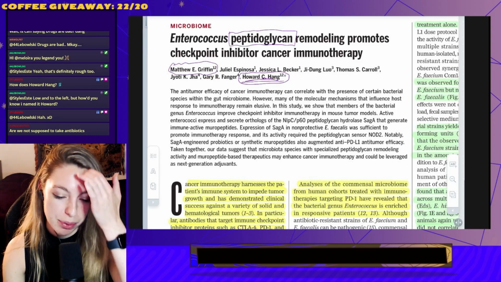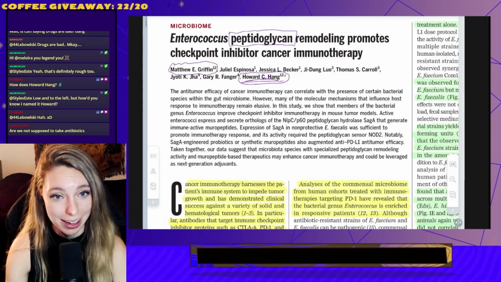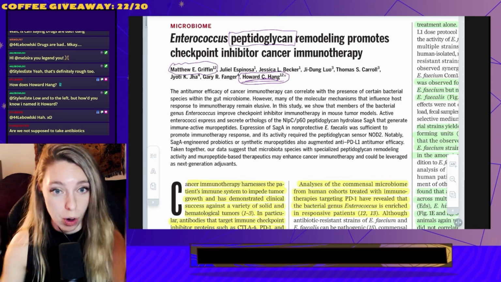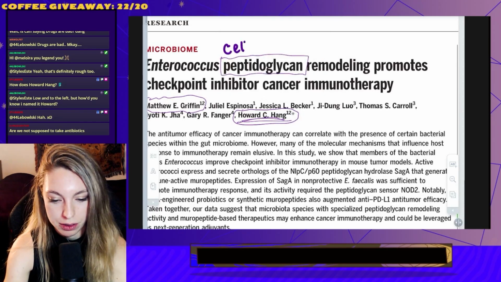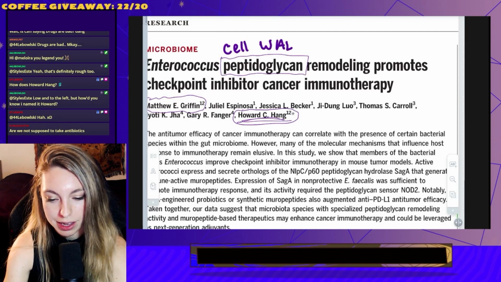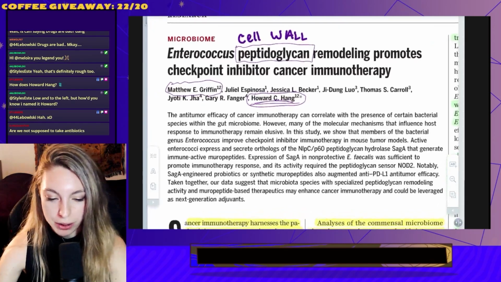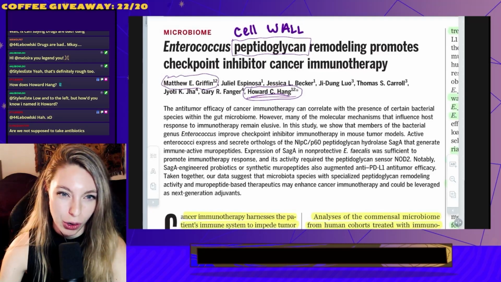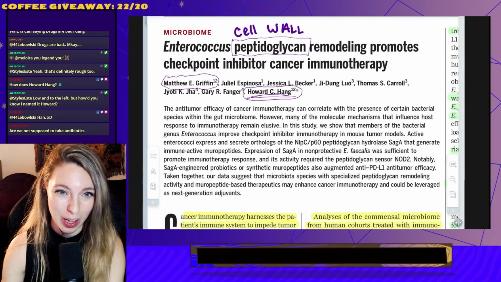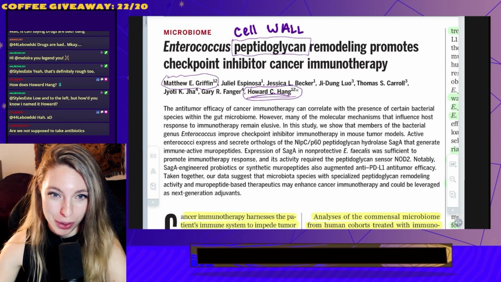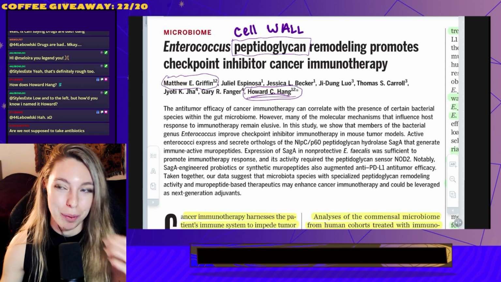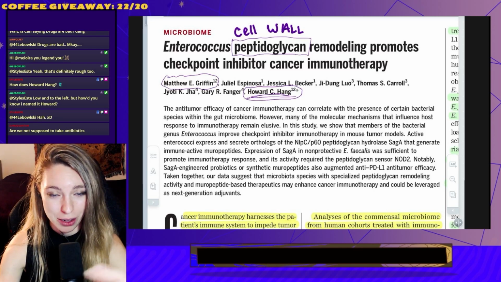So basically, this paper is going to be talking about the peptidoglycan from this bacteria, so the cell wall. Just so we all remember, this is cell wall, okay? Remodeling is just a fancy term that describes how the peptidoglycan pieces might be broken apart when cells divide.